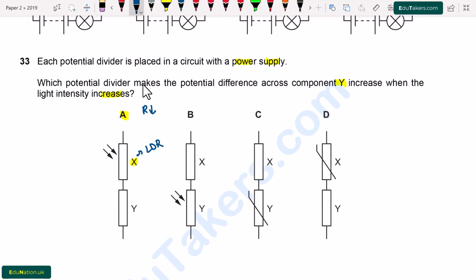If the light intensity is high, then the resistance across the X component should be low, and if the intensity is low, the resistance across the X component should be high. So if I consider this LDR and the light that is falling on it, if the intensity of this light is high, then the resistance across this component should be low.